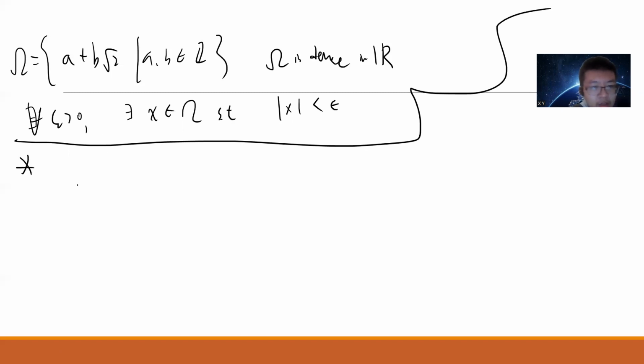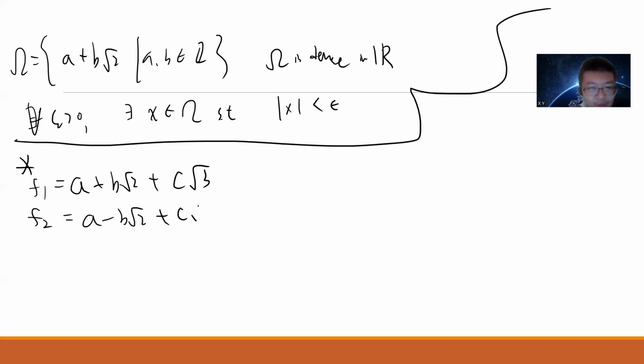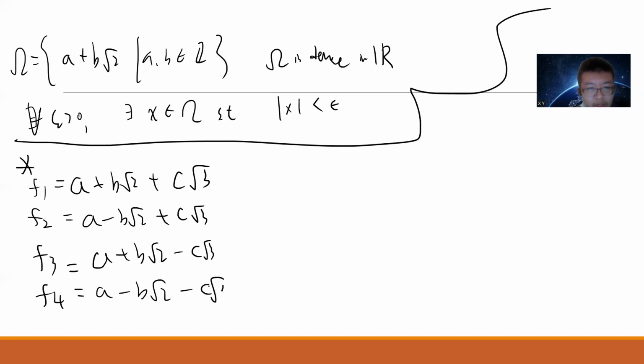Obviously, this proof is very interesting. Define f1 to be a + b square root 2 + c square root 3. There is some Galois type of object here, so you can write f2 as a - b square root 2 + c square root 3, f3 as a + b square root 2 - c square root 3, and f4 as a - b square root 2 - c square root 3.